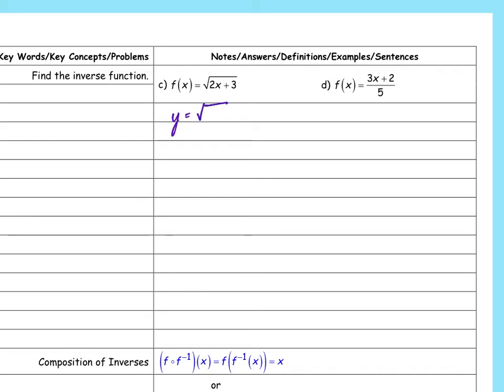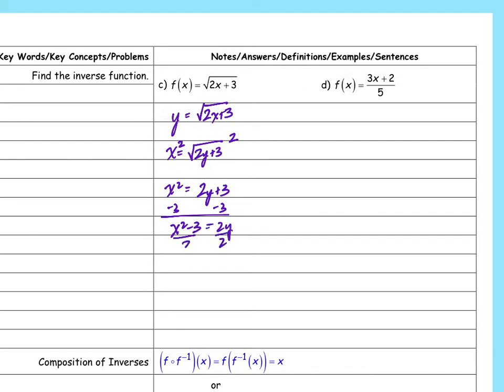y equals the square root of 2x plus 3. Switch them, so I've got x equals the square root of 2y plus 3. Well, how do you undo a square root? I'm going to square it. If I square one side, I've got to square the other side. So I've got x squared equals 2y plus 3. Subtract 3: x squared minus 3 equals 2y.